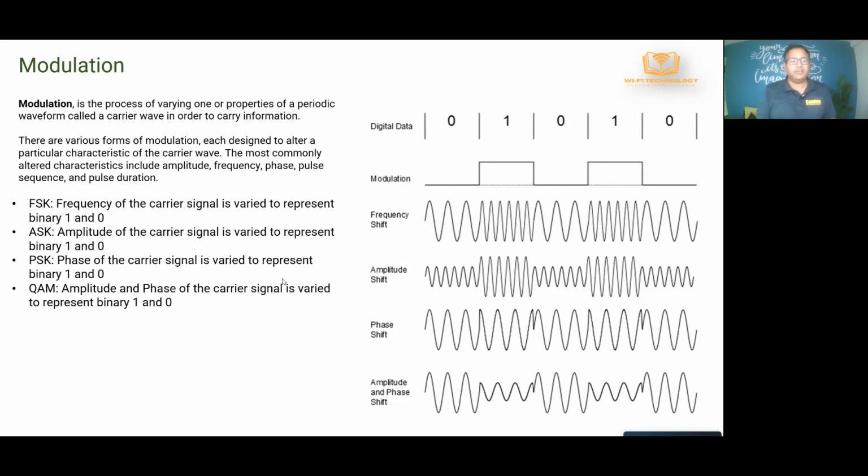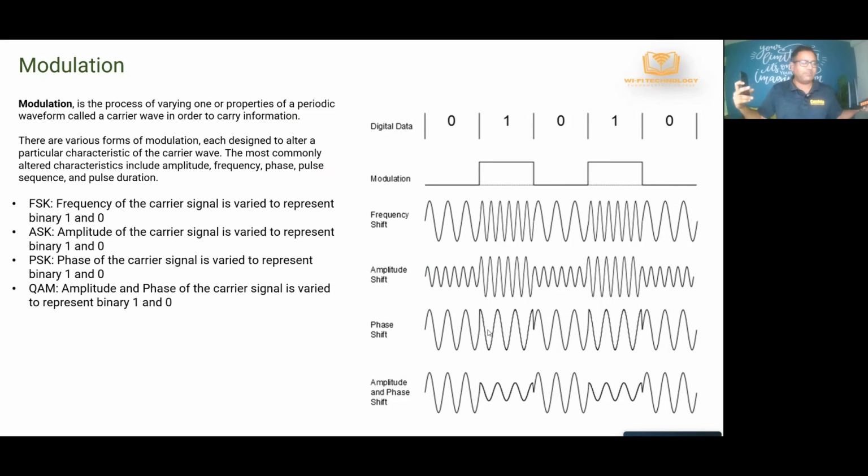If you are varying the phase, remember we talked about phase also, right? So the same concept can be applied for phase. If you want to send a 0, you send it at 0 degrees phase shift. But if you want to send a 1, maybe you shift the phase by 180 degrees. And then you start sending it that way. As long as there is a phase lock between the transmitter and receiver, the receiver knows that if I am receiving the signal at 0 degrees phase shift, that must be a 0.